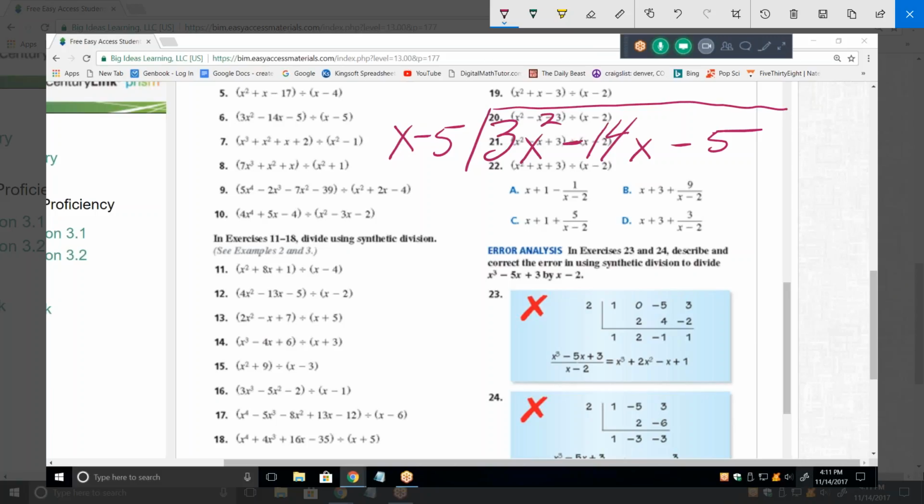In other words, if I didn't have a minus 14x, I'd have to put in plus 0x. Same thing with the divisor, x minus 5. If that was an x squared minus 5, I would need to divide by x squared plus 0x minus 5. Right? What's the first step when doing this division?